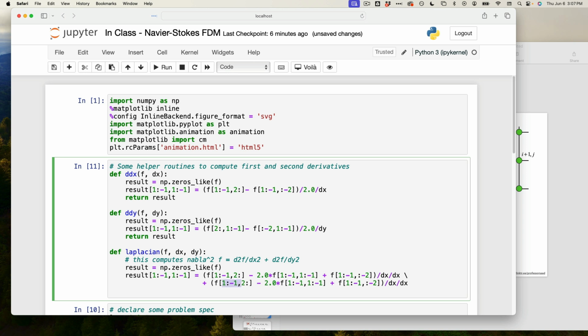Just swap the indexing. This is f j plus 1 minus 2 f ij plus f j minus 1 over dy squared. Return result.